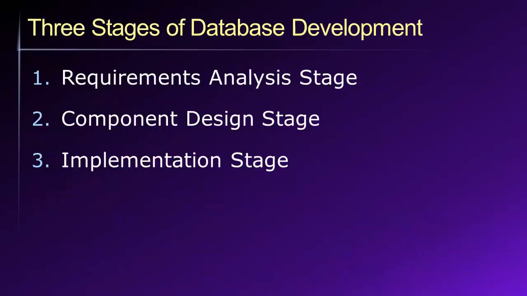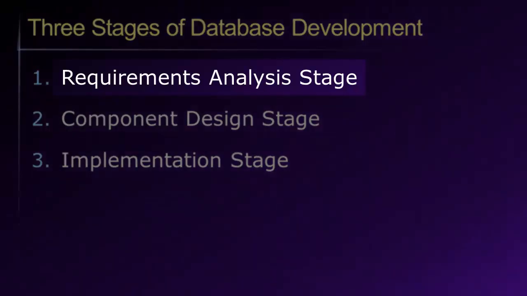To begin, let's take a broad view and consider the three different stages of database development. The first stage, prior to actually developing a database itself, is to perform what we call requirements analysis. This is the process of gathering information so that we can understand the data problem for which we are attempting to design a solution.